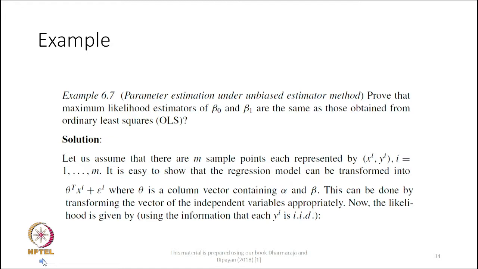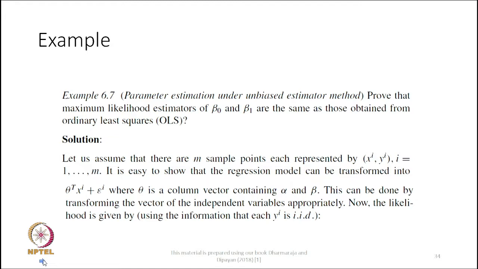Let us assume that there are m sample points, each represented by xi comma yi. It is easy to show that the regression model can be transformed into theta transpose xi plus epsilon i, where theta is the column vector containing alpha and beta.